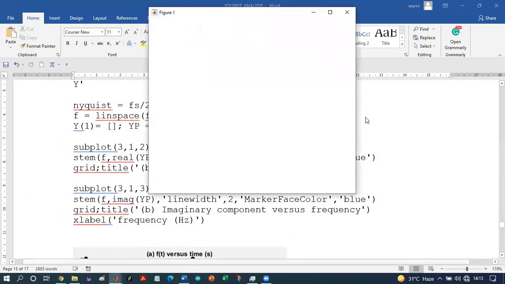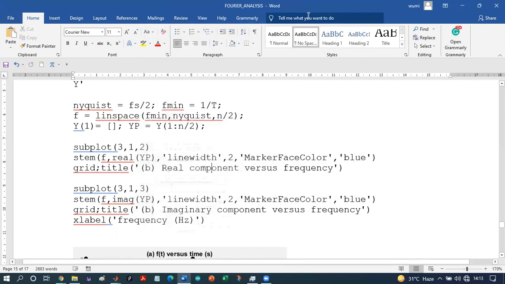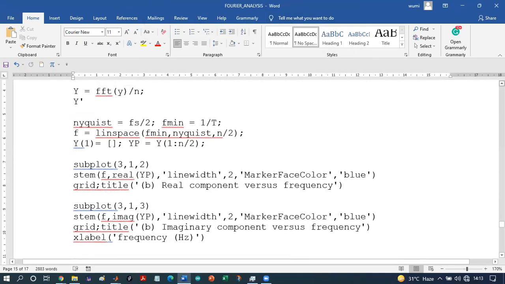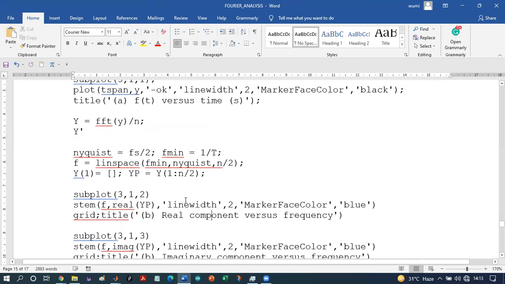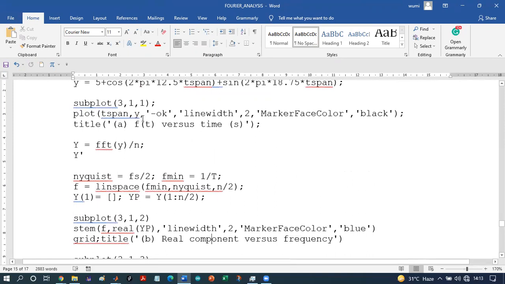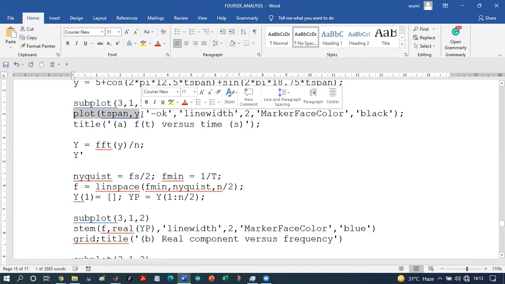So for the plotting, it's just these two that are important. Plot this and this. So plot T span comma y.